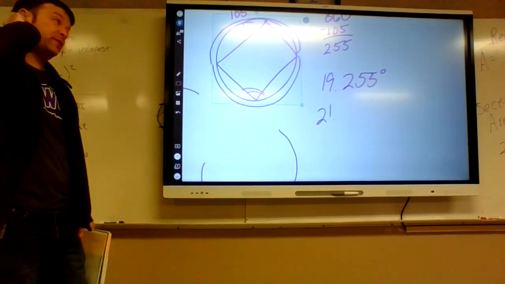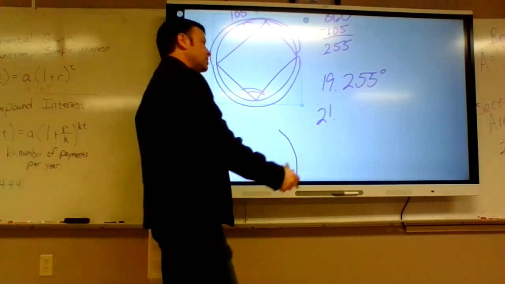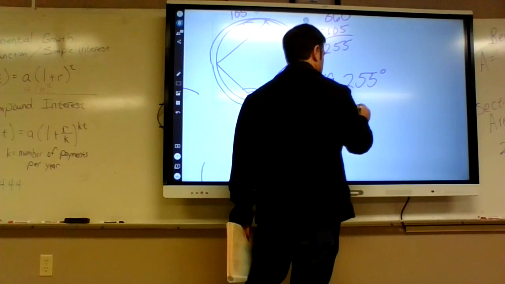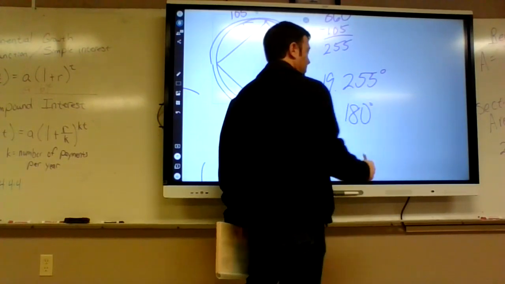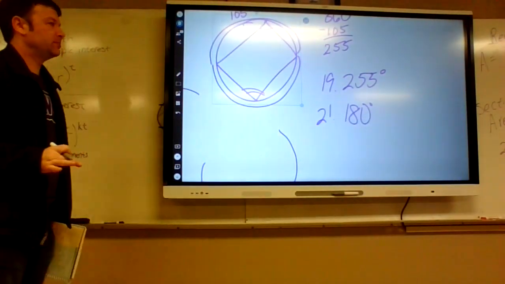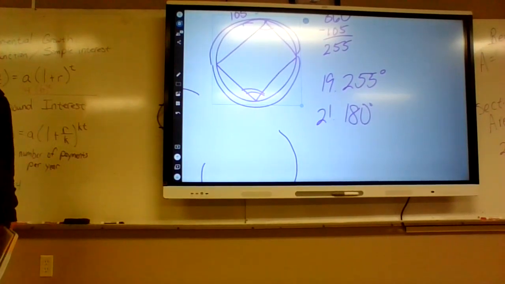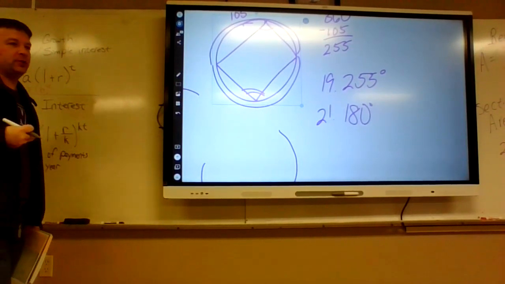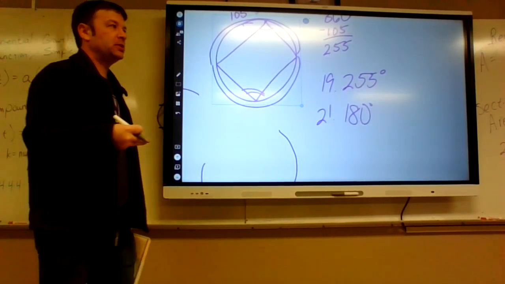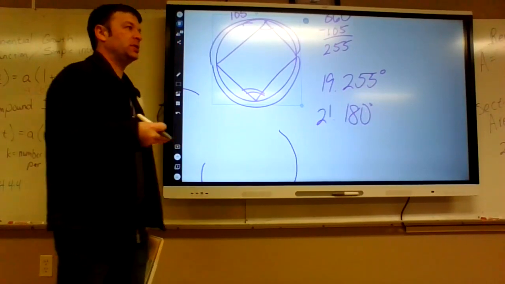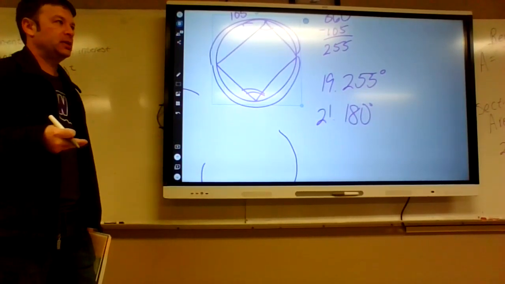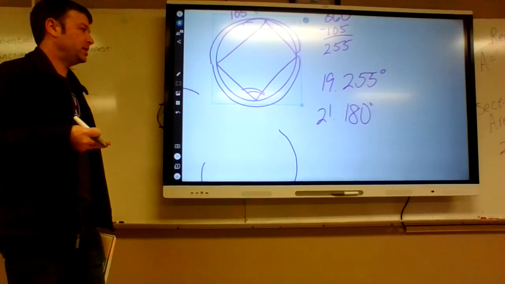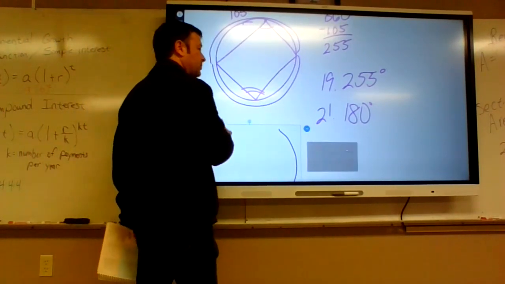So they are half of 360, which makes 180. Okay, we had a rule that goes with this. Whenever you have an inscribed quadrilateral, the opposite angles are always supplementary. They always add up to 180. That's what just happened right there.